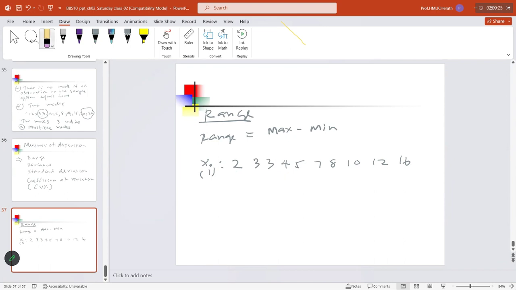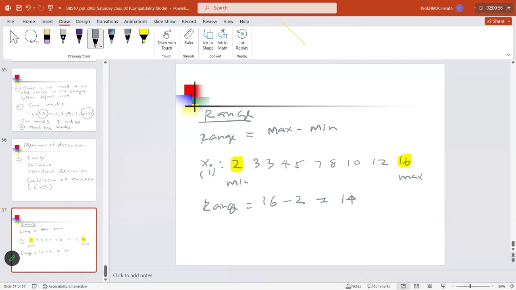The maximum value is this. The max is this and the min is this. Then range equals 16 minus 2, equals 14.